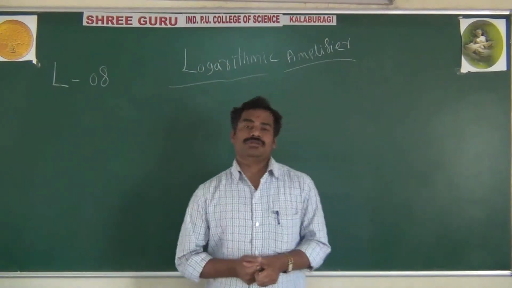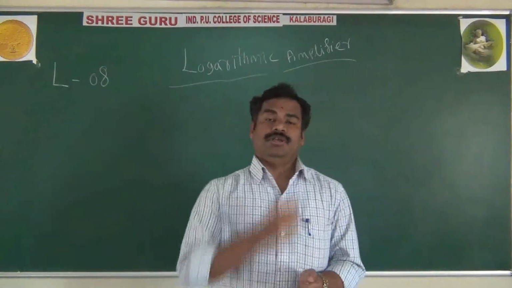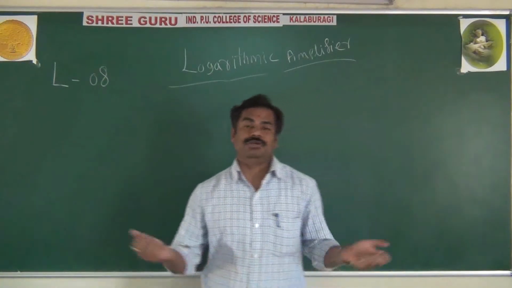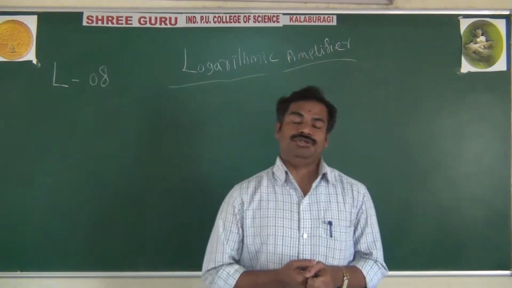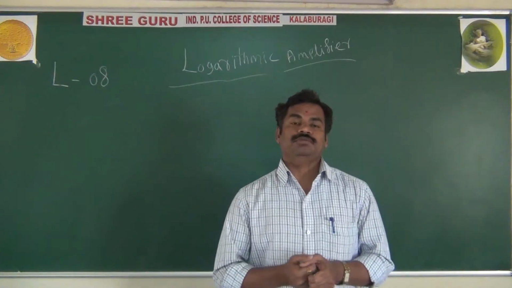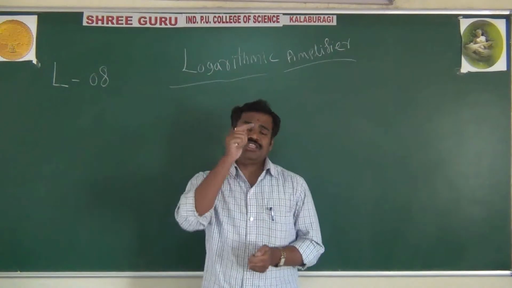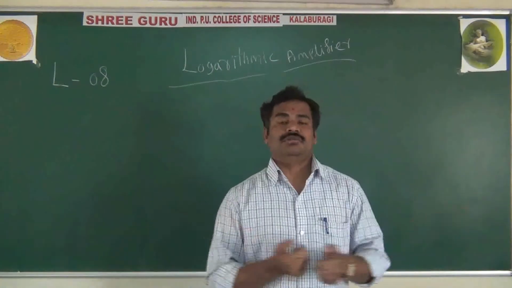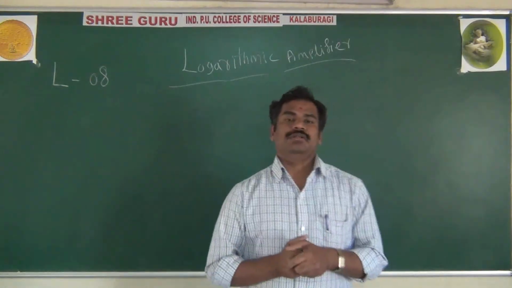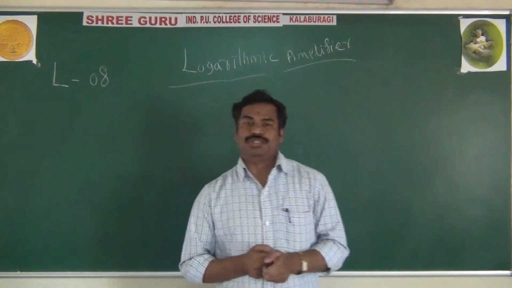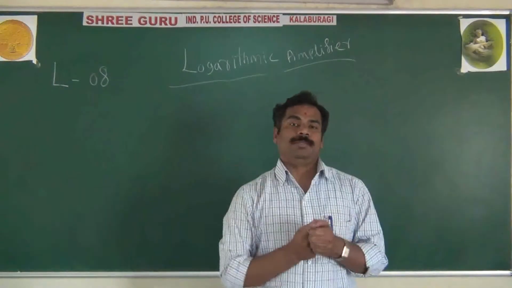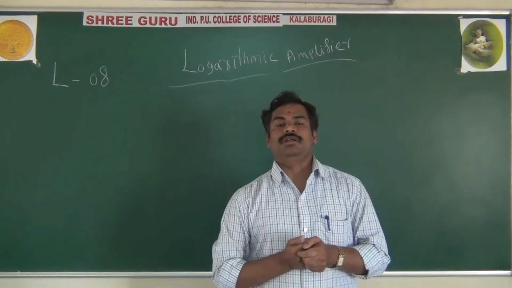If you use the diode in the feedback path, on the output side, that type of amplifier is the logarithmic amplifier. The same diode, if you connect it on the input side, gives the anti-logarithmic amplifier. Only the change is where you connect the diode.